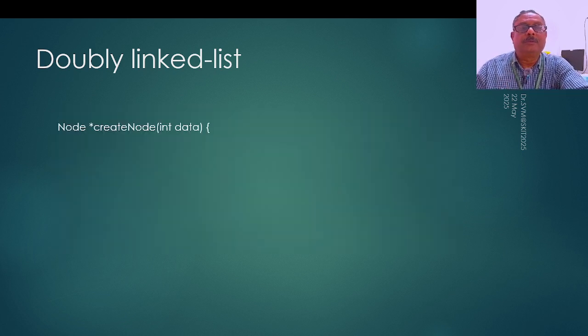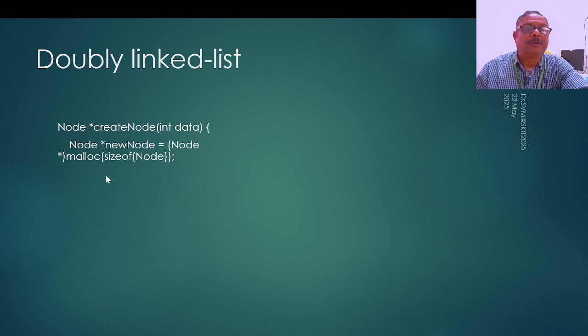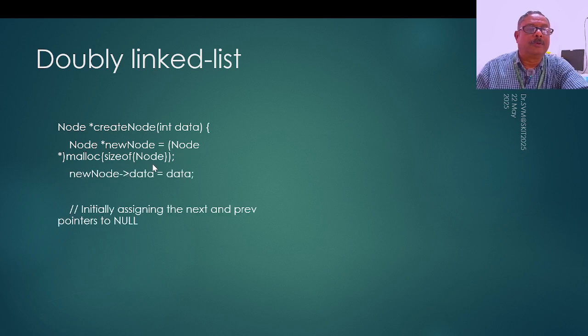Let's look at an example of how we create a node for a doubly linked list. When creating a node, we supply one piece of data, create a new node and allocate memory for it, and the data in the new node is copied from the data we supplied as a parameter.